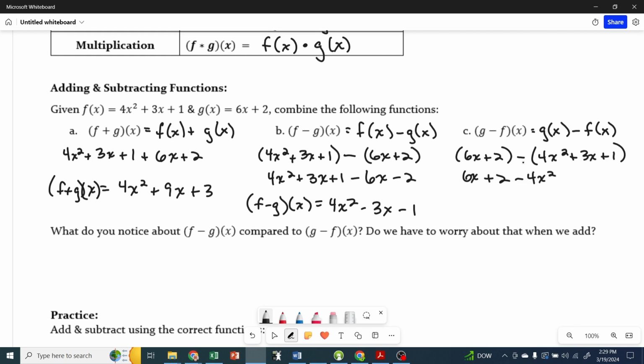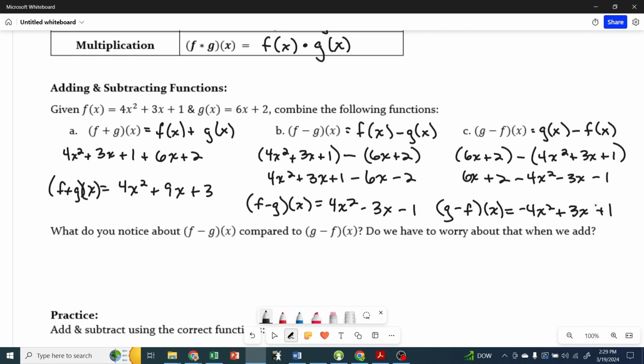Minus 4x squared minus 3x minus 1. So g minus f of x is equal to negative 4x squared plus 3x plus 1.